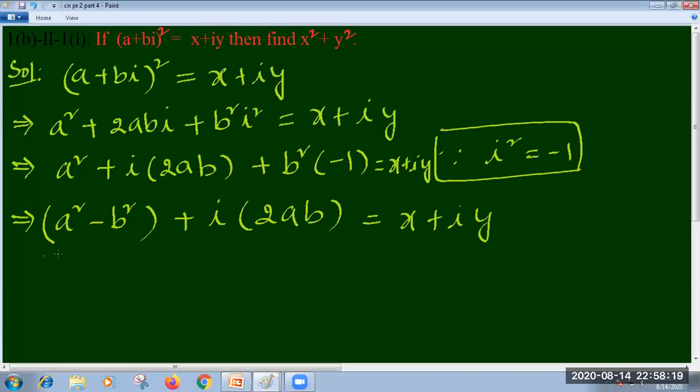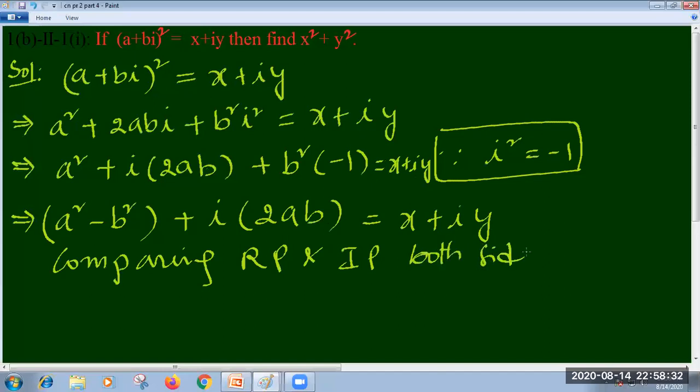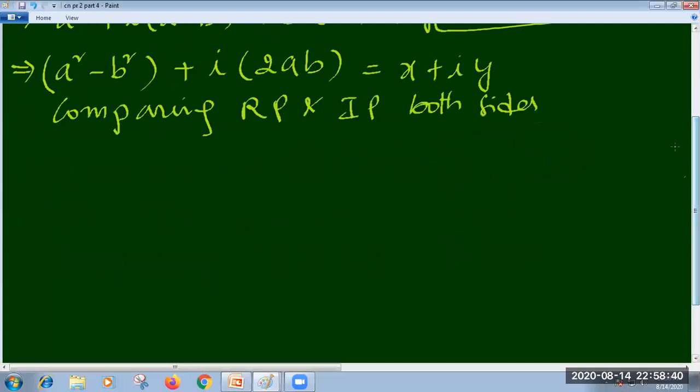Now comparing real and imaginary parts, comparing the real part and imaginary part on both sides, we get real part: left side a square minus b square, right side x.